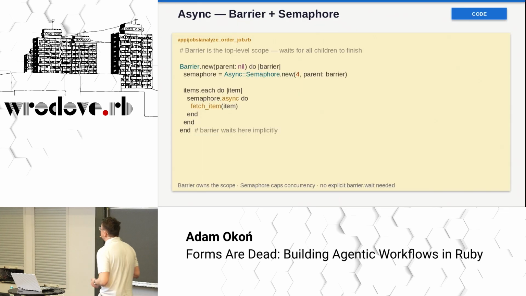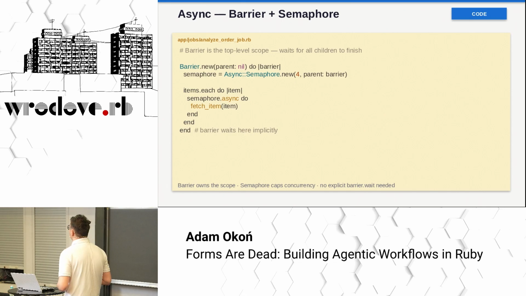So Async Gem provides a very nice API for concurrent IO operations, and this gem provides a very nice barrier abstraction that schedules the IO tasks. By default, without a parent, it schedules tasks until the system is not overloaded.